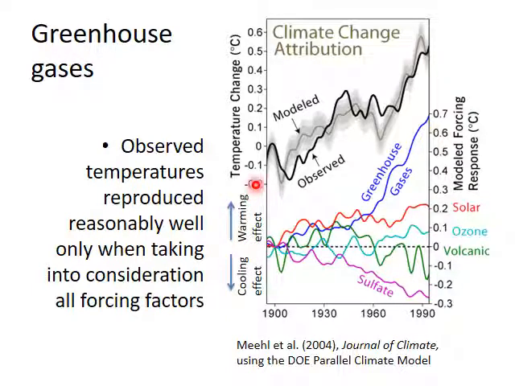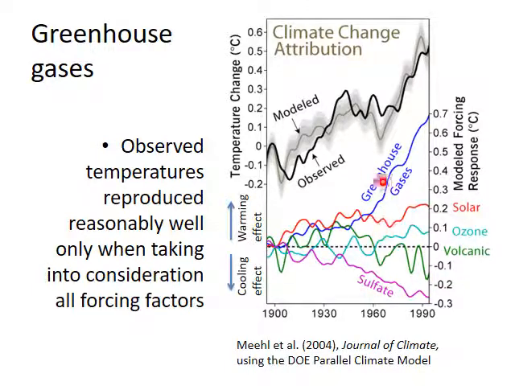In one simulation, shown here in brownish goldish colors, they used all the known forcings to drive that model. All the known forcings are shown here, not just greenhouse gases, not just carbon dioxide, but also changes in solar activity, ozone, volcanic activity, and sulfate aerosols.